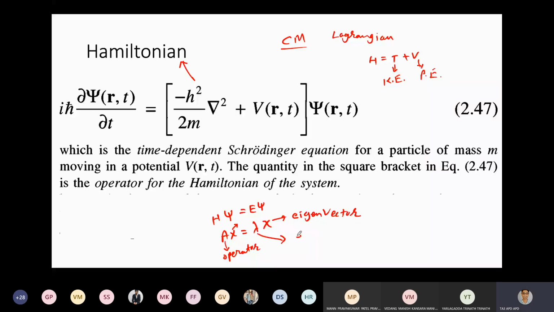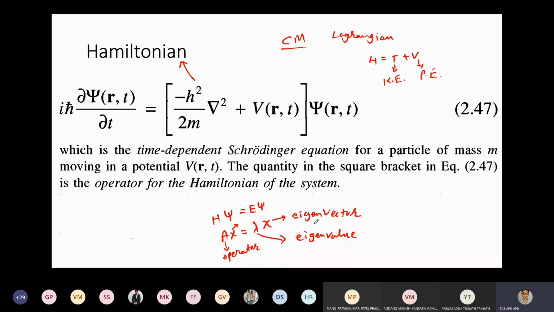So when you operate on a given eigenvector, you will get your eigenvector back multiplied by some value. When you operate this operator on your eigenvector, you get your eigenvector back multiplied by a scalar value. A and x are vectors, but this is a scalar value.